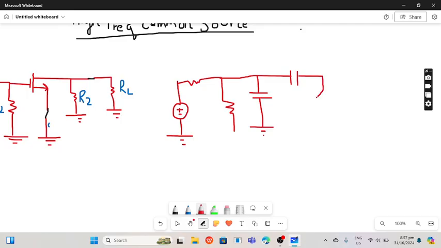Then this gm VGS current source, we will draw it here.